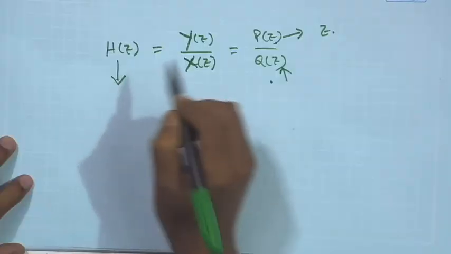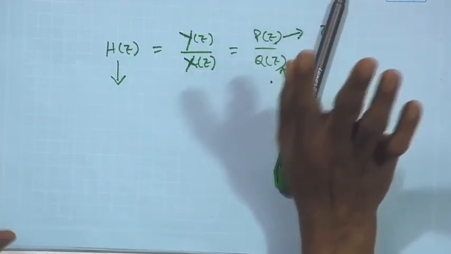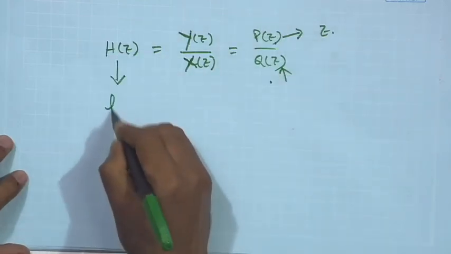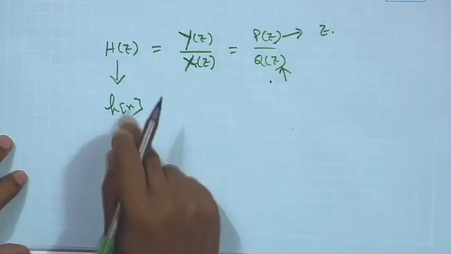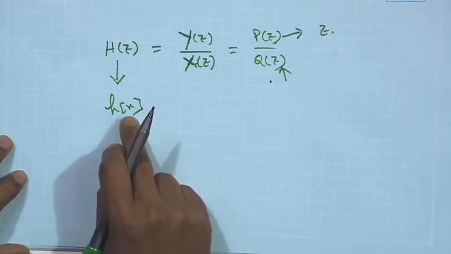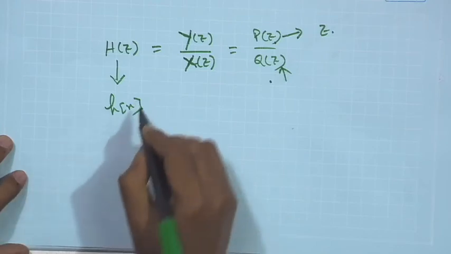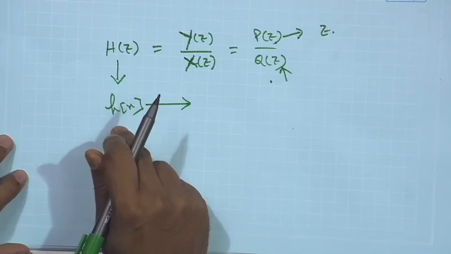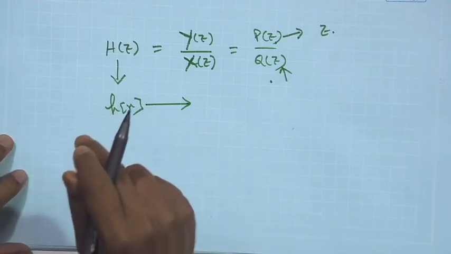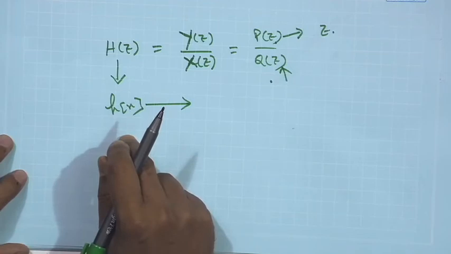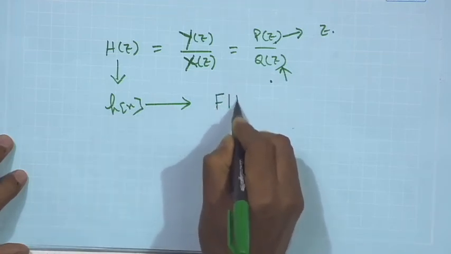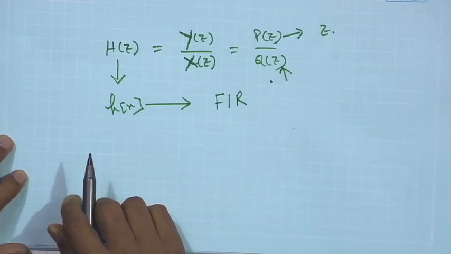Okay. Now, how do we implement a filter in the digital domain? H(z) has an impulse response, or I can say H(z) in the time domain is nothing but h(n). So, h(n) is an impulse response; it can be finite or infinite. If it has a finite impulse response, then the implementation is called an FIR filter, finite impulse response filter.